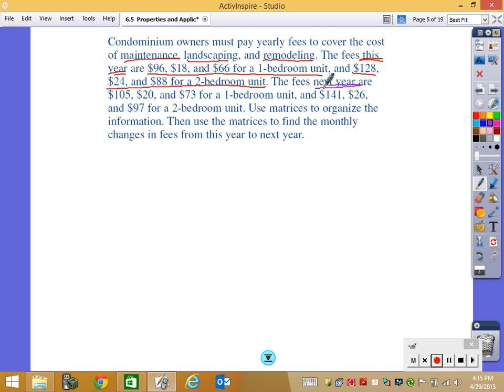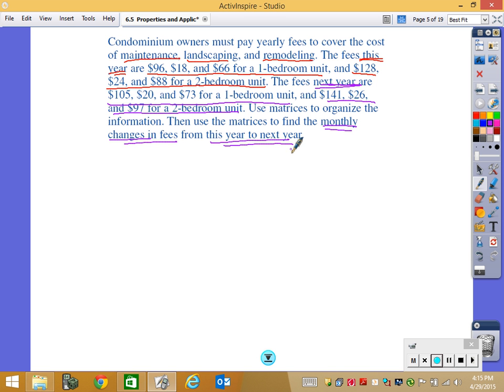Next year's fees are $105, $20, $73 for the 1-bedroom, $141, $26, and $97 for the 2-bedroom. Use a matrix to organize your information. Use those matrices to find the monthly changes in fees from this year to next year.